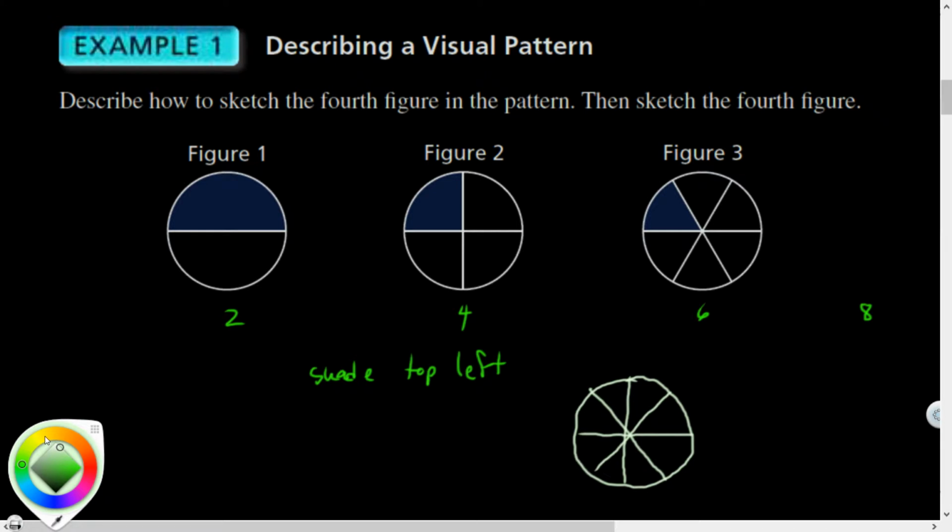And maybe there's some disagreement on what I shade. You guys think this section right here? Yeah, I agree. That's what the book suggests as well. There we go, shading in that. So I've made my figure 4 based on the pattern, right? I was able to deduce that, and that's what we had. Let me give you one more.